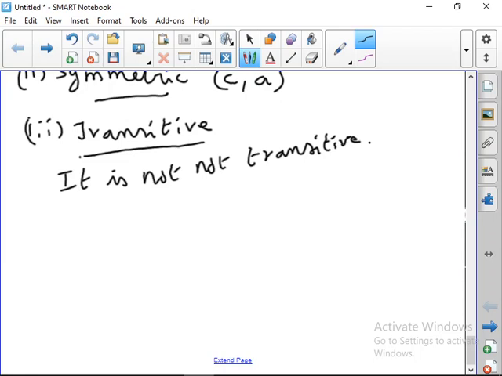So we cannot take any elements. Therefore it is not transitive, and since it is not transitive, no elements should be included. Okay, nothing can be included.